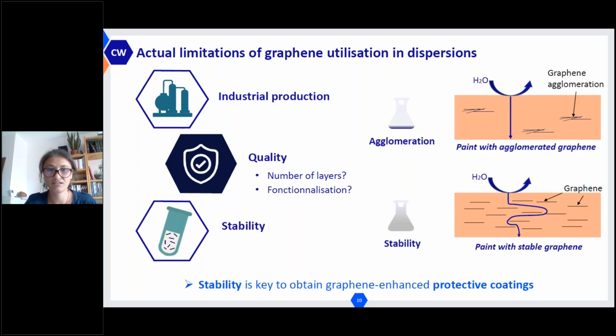And this stability is a key point, because if the graphene is not stable in your formulation, in your paint, for example, for the same quantity, you will get agglomerates of graphene, and you will not have the same protection effect because you will lose the network of graphene in the paint, in the coating, and the permeation path of the oxidative agent will not be disturbed by the aggregate, contrary to if you have graphene well dispersed for a very small concentration and the same concentration, you will have a better protection.